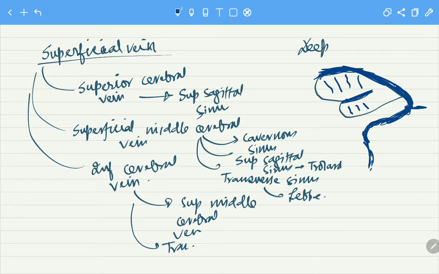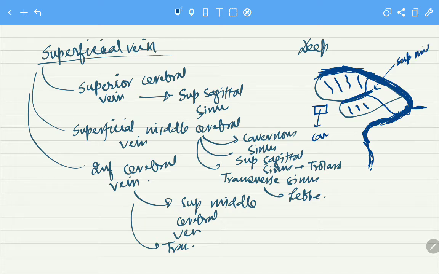So the superior cerebral vein drains into the superior sagittal sinus. The middle cerebral vein drains into the cavernous sinus, and also into the superior sagittal sinus through the anastomotic vein of Trolard, and into the transverse sinus through the anastomotic vein of Labbé. And then we have the inferior cerebral vein, which drains into the transverse sinus as well as the superficial middle cerebral vein.